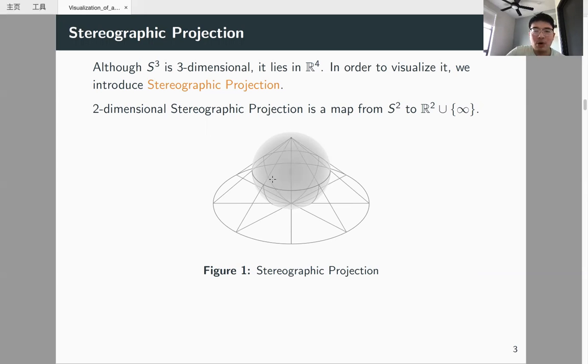That's how the projection works. This projection maps each latitude to a circle on R2. But there's still one point left, which is the south pole. So we define the image of the south pole to be infinity. That's why we say the two-dimensional projection is a map from S2 to R2 union infinity.